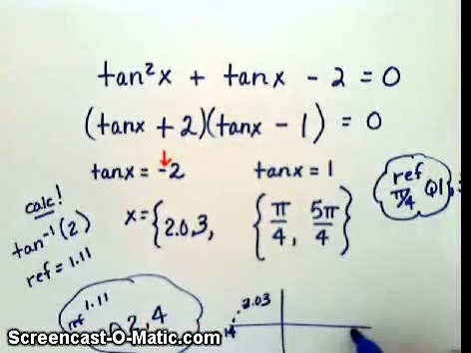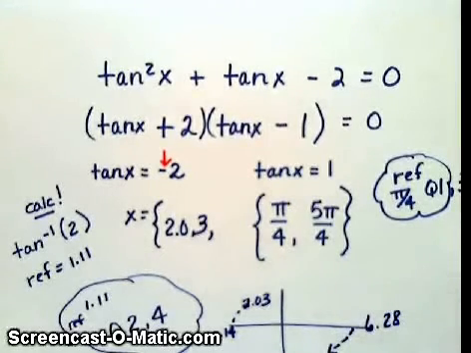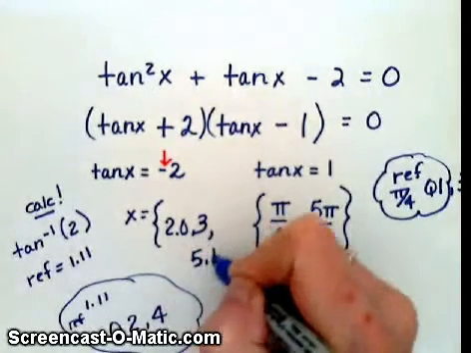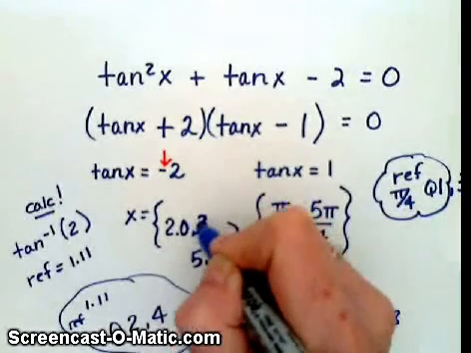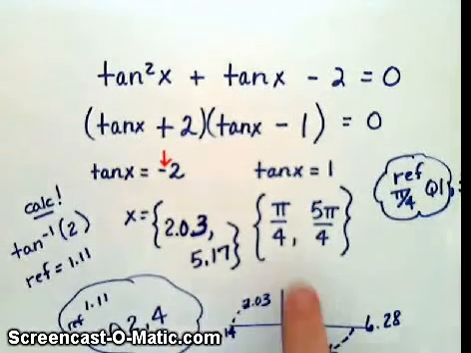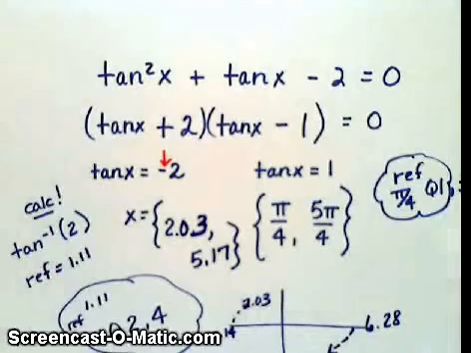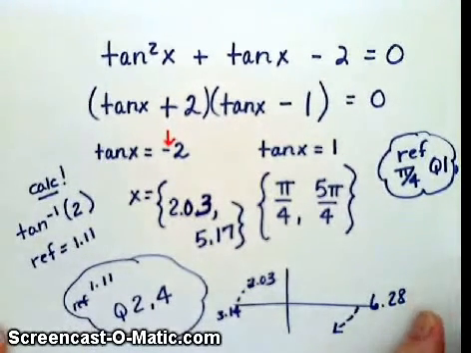In fourth quadrant, I'm going to come this way from 6.28 minus 1.11. And that answer is going to be 5.17 radians. So this is 2.03 and 5.17. And then these two answers, pi over 4 and 5 pi over 4. All right, that's my second example that would factor.